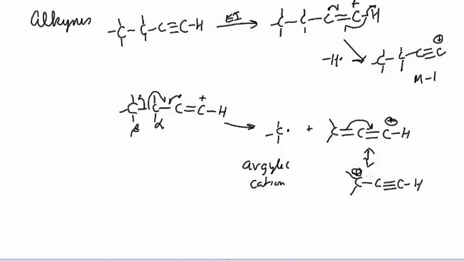And this form kind of has a more familiar look to it. You're writing it with a clear carbon-carbon triple bond with a positive charge next to it. So this even-electron cation has resonance stability.